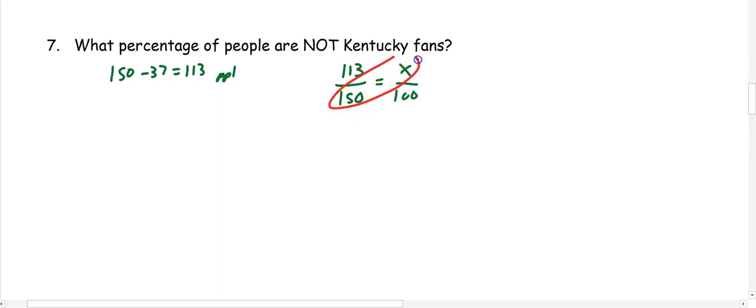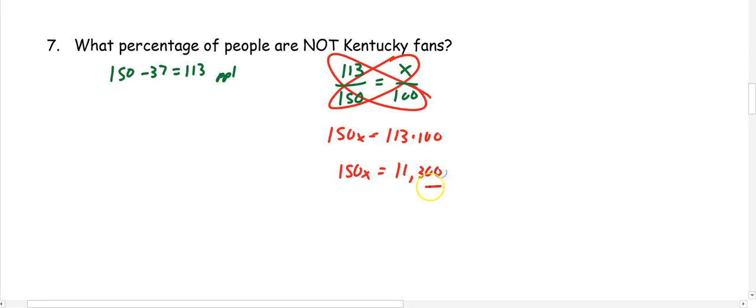So when we cross multiply, we have 150x equals 113 times 100, which means 150x equals 11,300, and we're going to divide both sides by 150. So when we divide, we get x is 75.3 repeating, so 75.3%.